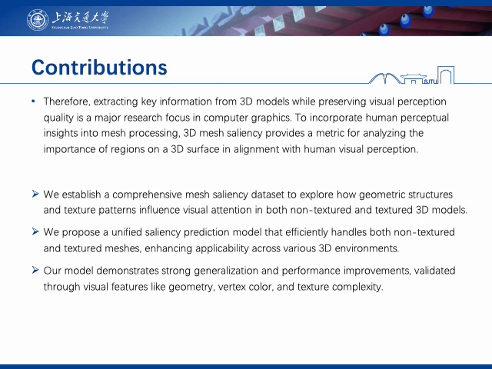We propose a unified saliency prediction model that efficiently handles both non-textured and textured meshes, enhancing applicability across various 3D environments. Our model demonstrates strong generalization and performance improvements validated through visual features like geometry, vertex color, and texture complexity.